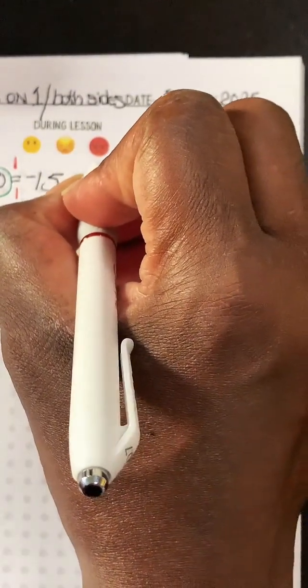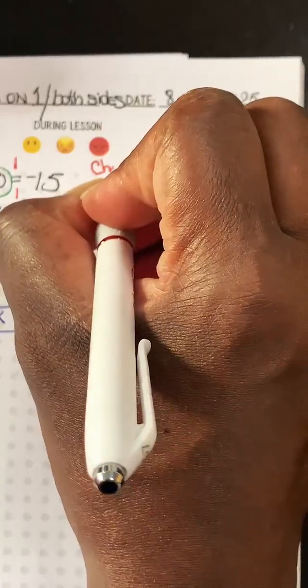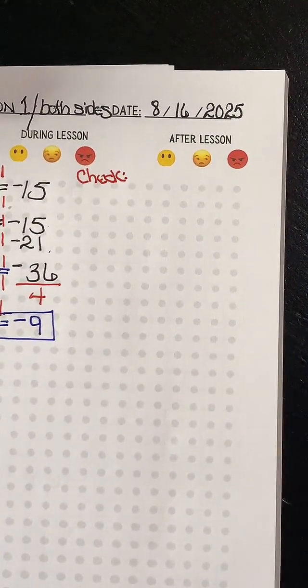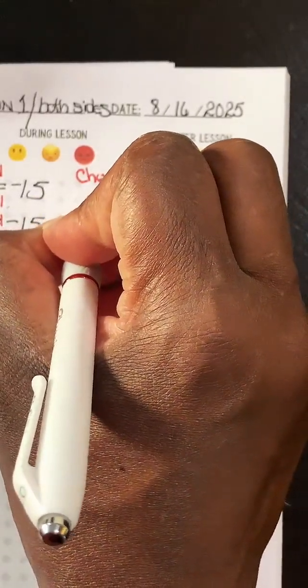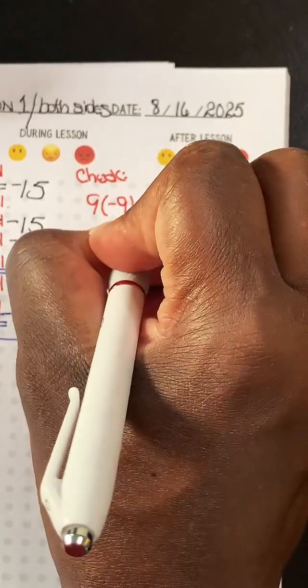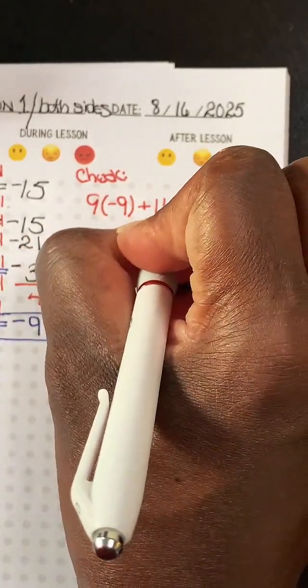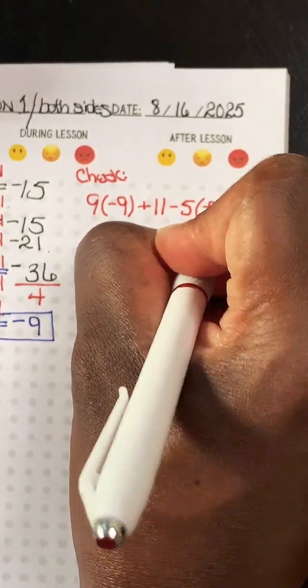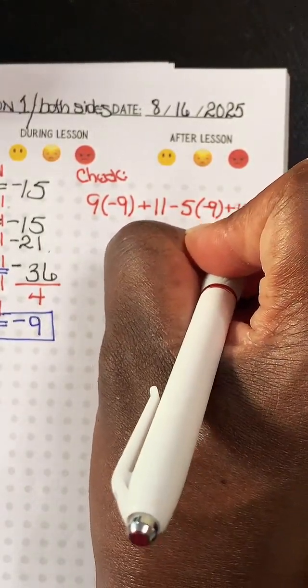So we have, I'm going to write check. So when we check it, it's going to be 9 times -9 plus 11 minus 5 times -9 plus 10.